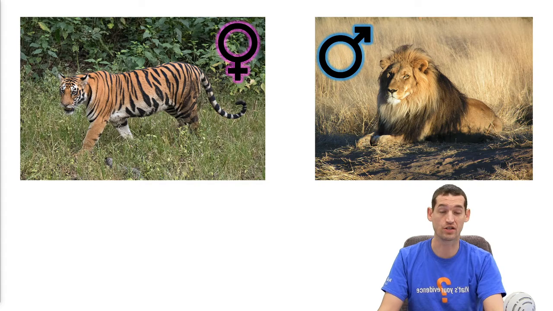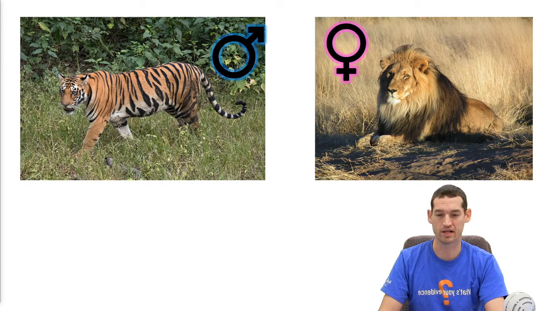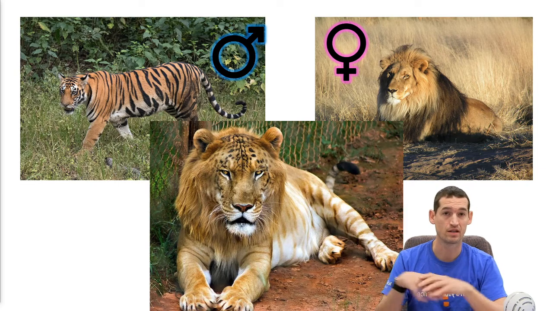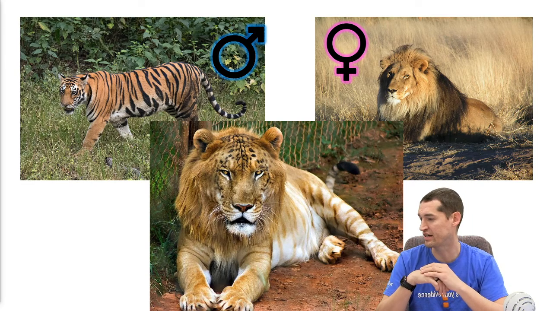Again, though, we can cross just like we did with the mule. If you take a male tiger and a female lion, you get a tigon rather than a liger. These ones don't tend to be bigger than the parents. They tend to be the same size as their parents, although you can still see that there's a spotted pattern on the face there and a striped pattern kind of on the legs.